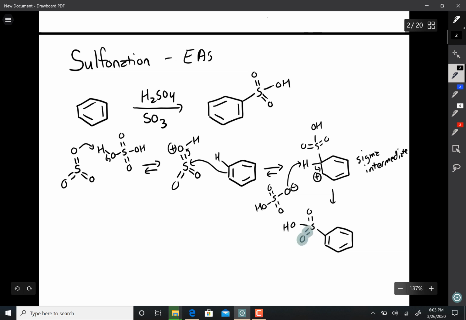And as a result, you end up with that. Now, what makes sulfonation so unique among the electrophilic aromatic substitution reactions we've covered is this last step right here. This last step can actually be reversible.